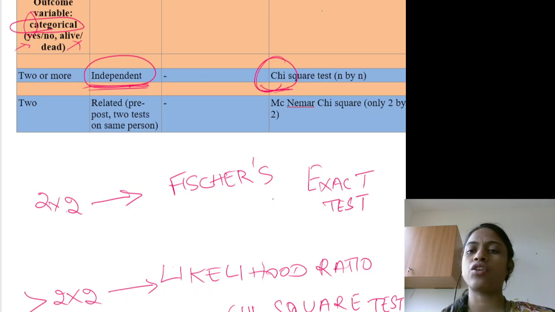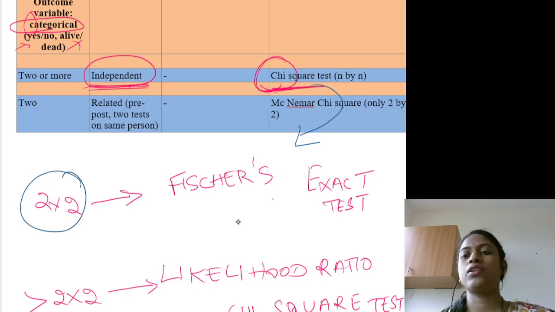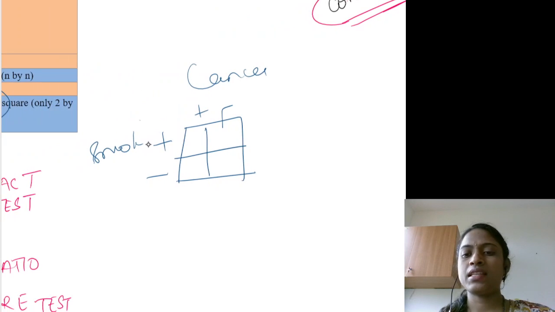When we do any hypothesis testing, there will be a few assumptions. If the assumptions are not satisfied, then we have to use an alternative test for that particular situation. If the chi-square test assumptions are not followed, then if it is a 2 by 2 table, we use Fisher's exact test. What do we mean by a 2 by 2 table? Suppose in this example, smoking causes lung cancer.